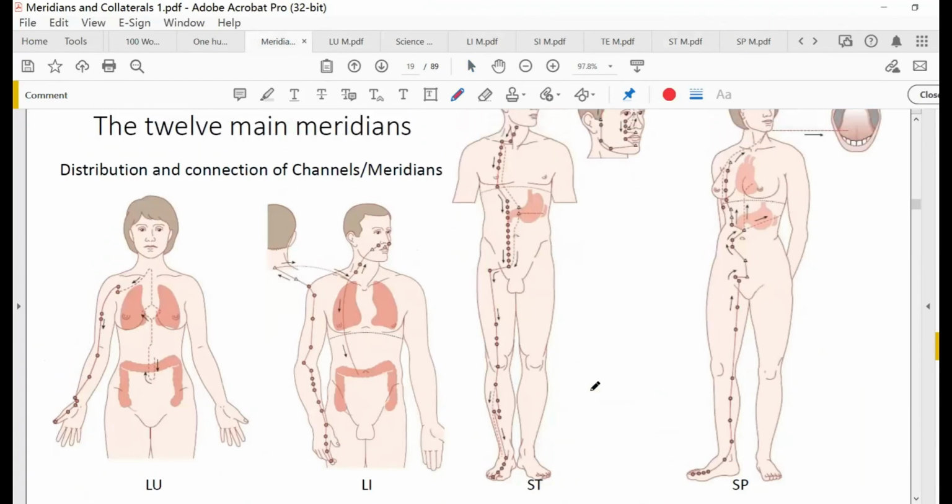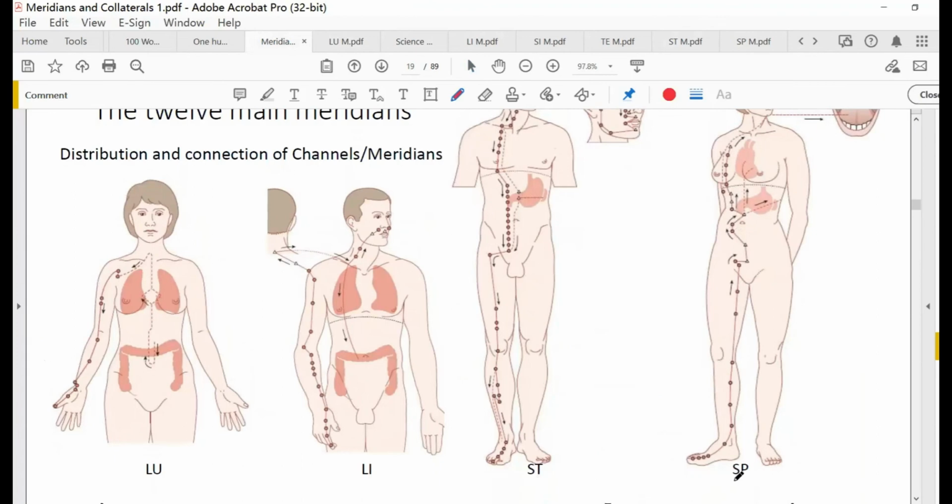No, this one's better. Take a look at this one. That's the stomach. That's the spleen. Yeah, this part, that's the yin part. And the front and the side, that's the yang part.